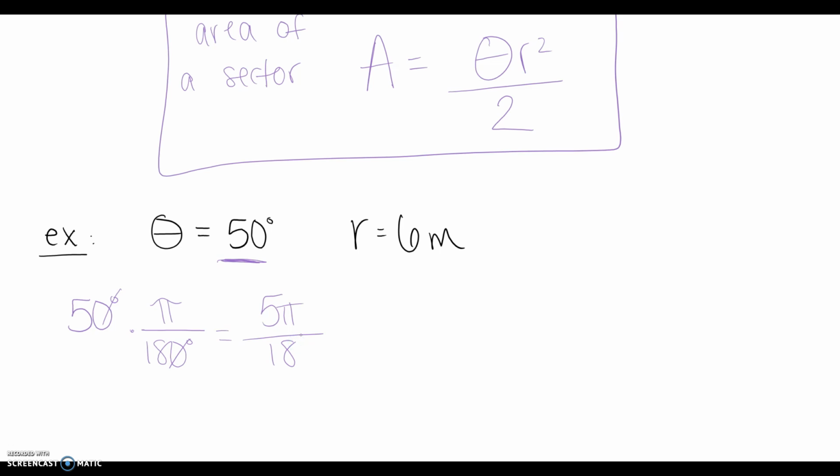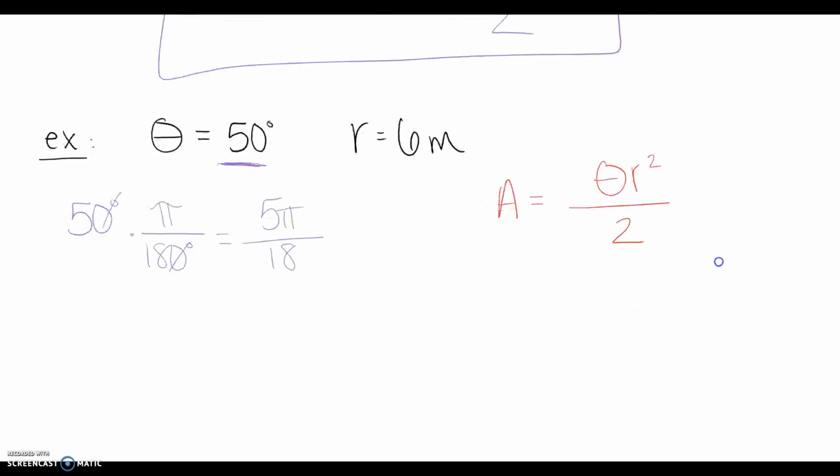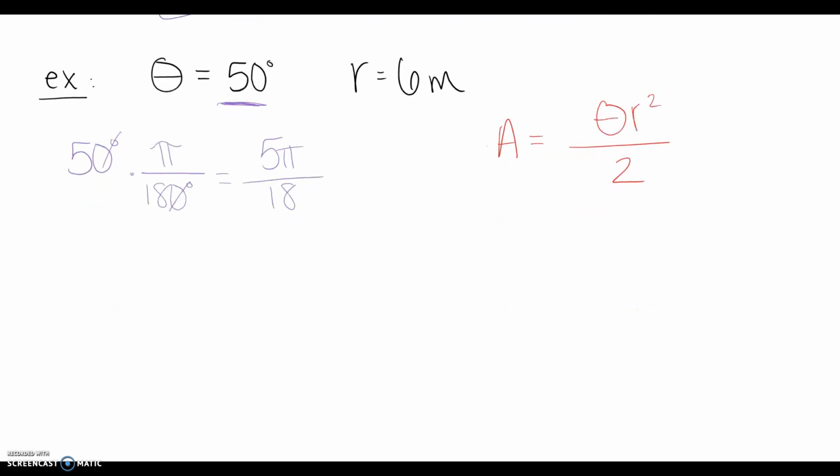And now we can just use our formula. I really recommend writing down the formula every time. So area is going to equal theta times r squared over 2. Substituting in what we know, since theta is a fraction, I'm going to just say 1/2 times theta, which is 5 pi over 18, times our radius, which is just 6 squared.